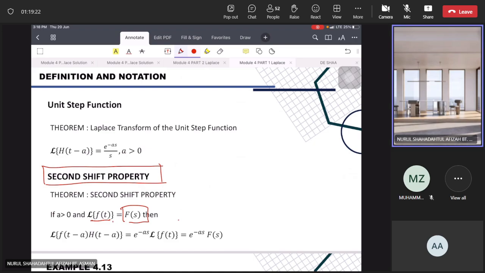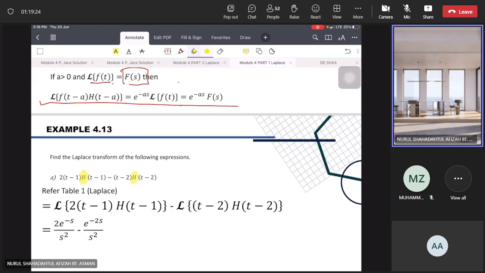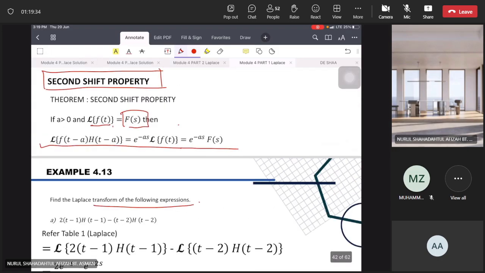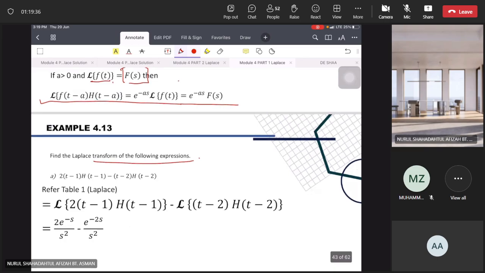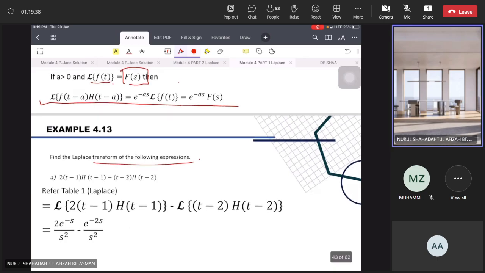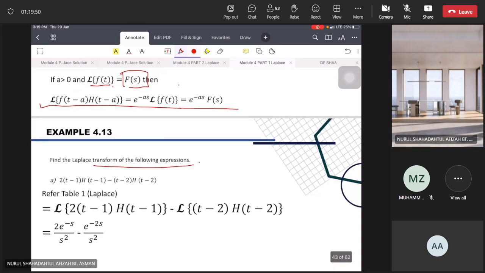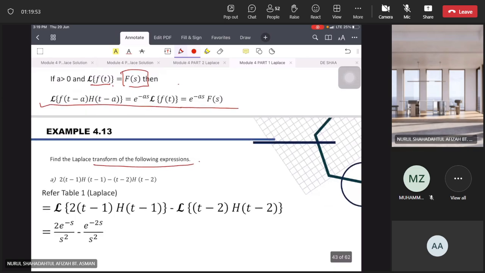Try to solve this function, the Laplace transform of the following expression, with t minus a. Yeah, so this is the question.